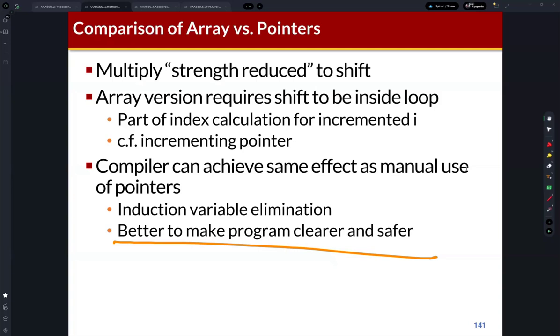So you don't need to use pointers. But even though we do not use the pointer version, you need to understand how these pointers are translated. Just remember that it is better to make the program clearer and safer. Okay.